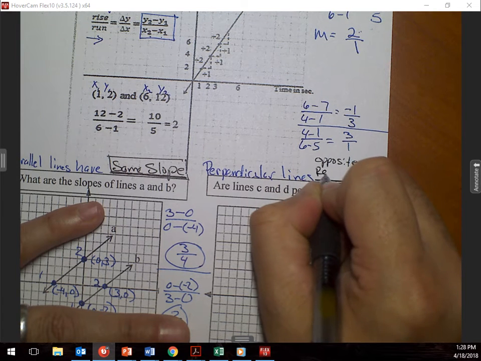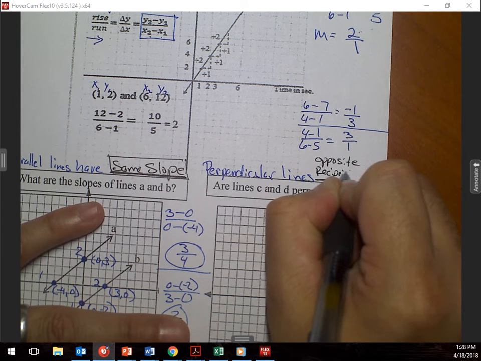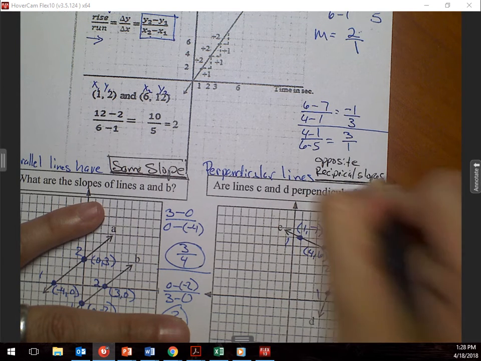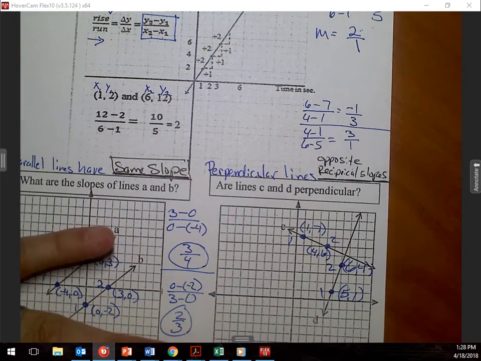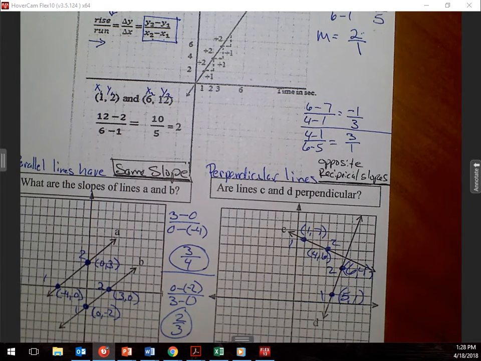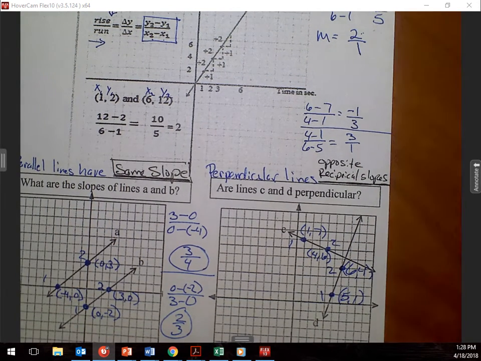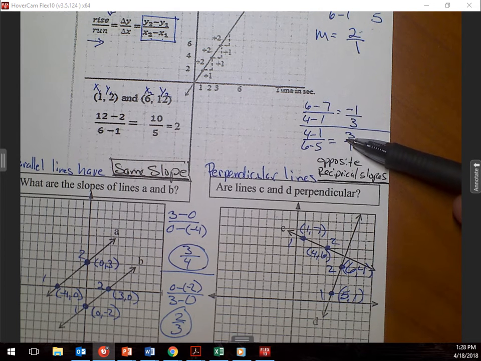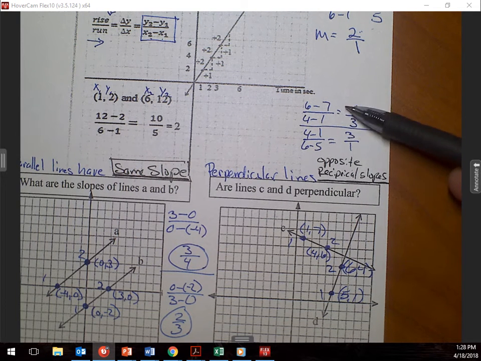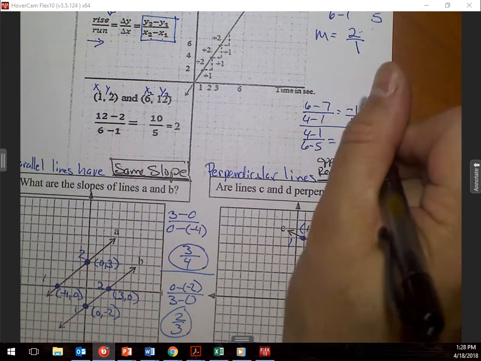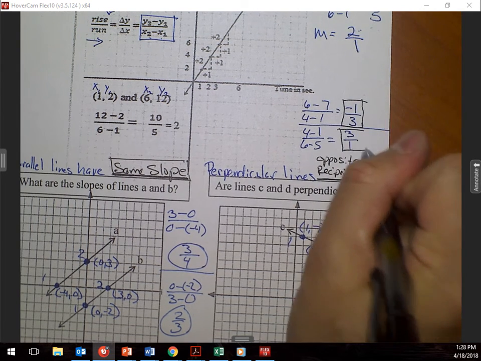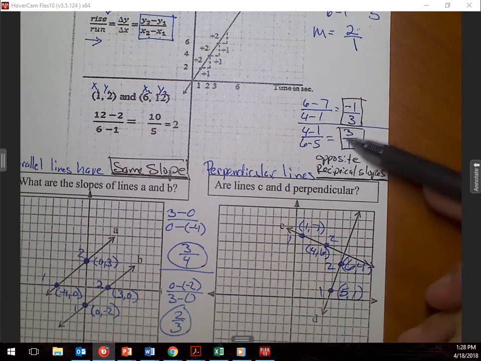So now let's talk about those things. Opposite. So this one is negative, so this one over here has to be positive. Okay, so those are my opposites, right? So right here, I'm looking at these two things. So they're opposite, aren't they?